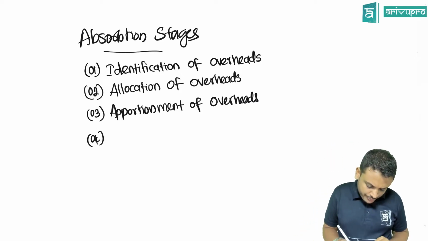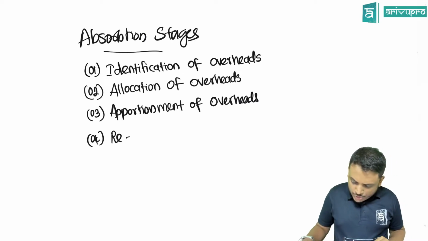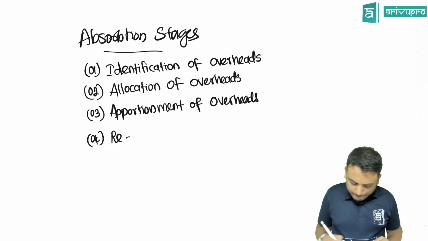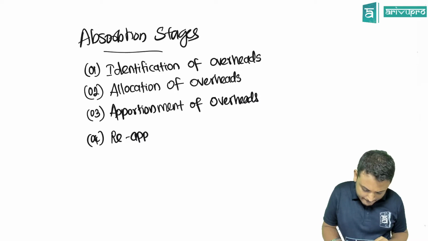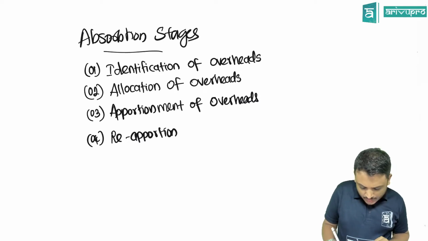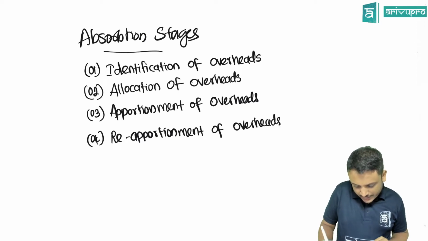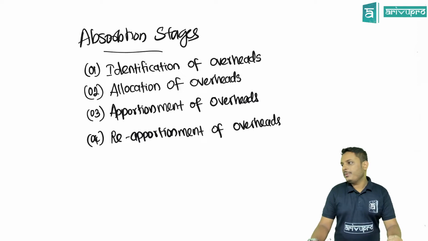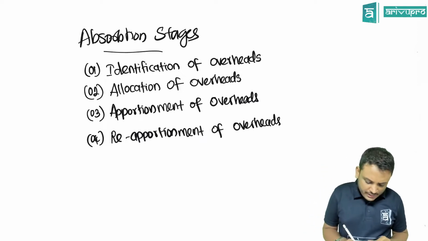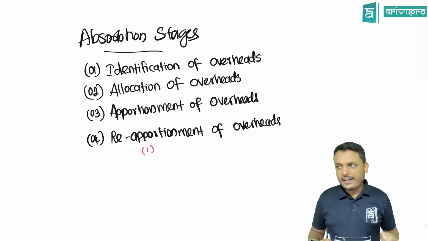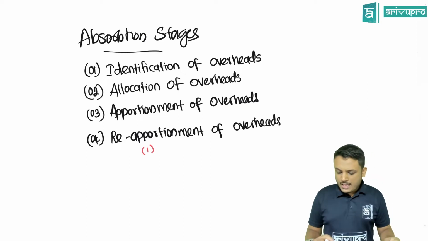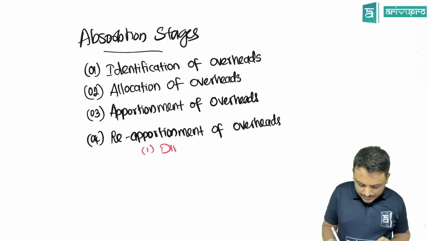Number four, reapportionment of overheads. There are different methods we are going to discuss under reapportionment. Number one is the direct method.